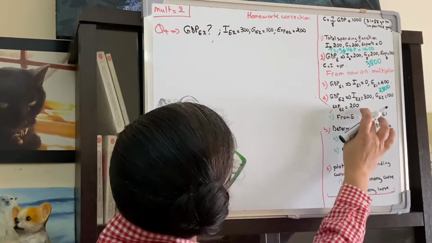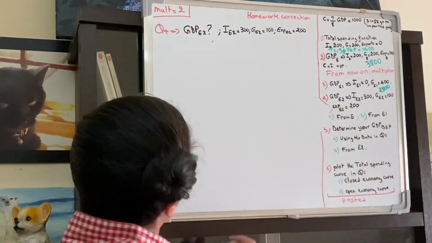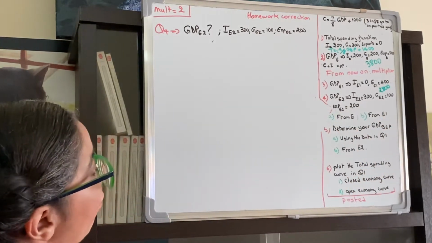Okay, no mistake in here. 3, 1, 2. Little a from E.